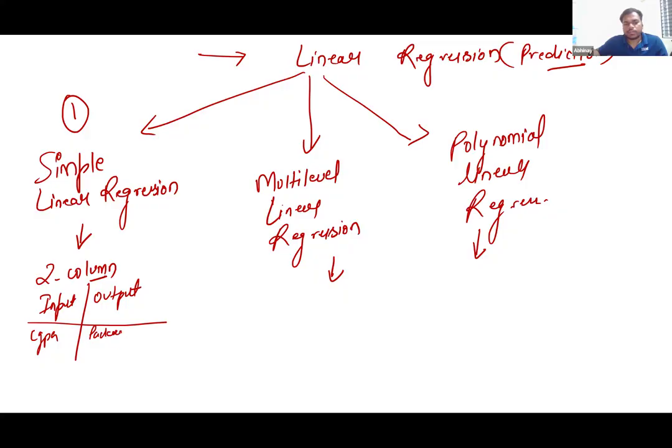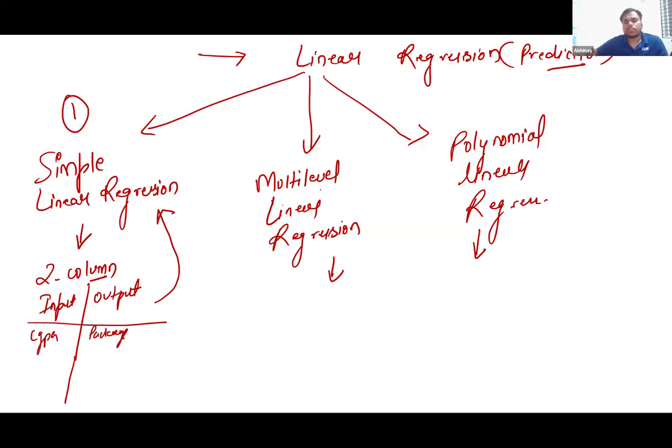Only two columns are there. In this scenario, where you have only an input column and an output column, we prefer to use simple linear regression. I will tell you how we can use it.